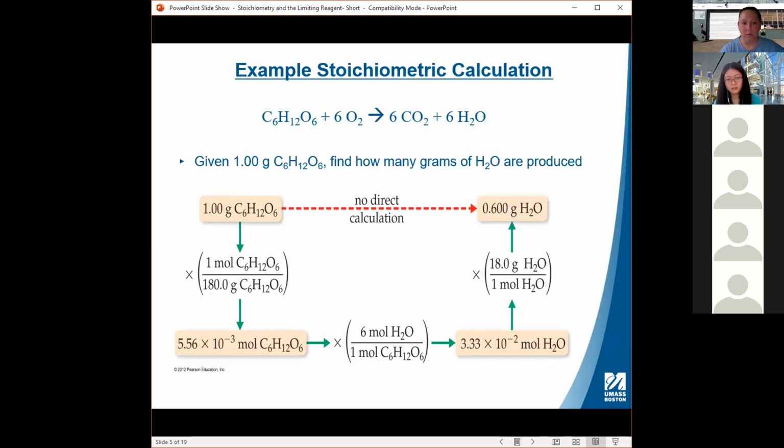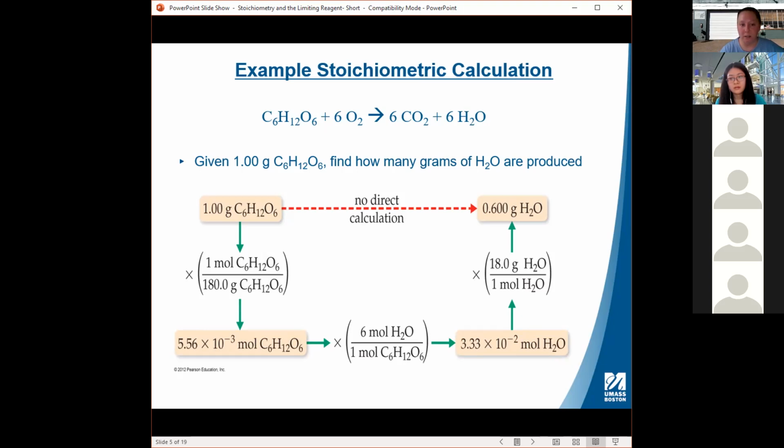We can't directly relate grams of one thing to grams of another thing, so we need to first convert what we know into moles. Grams of H2O is a big question mark, so that's what we're trying to find. But we do have the grams of sugar. So we are starting with 1 gram of sugar.